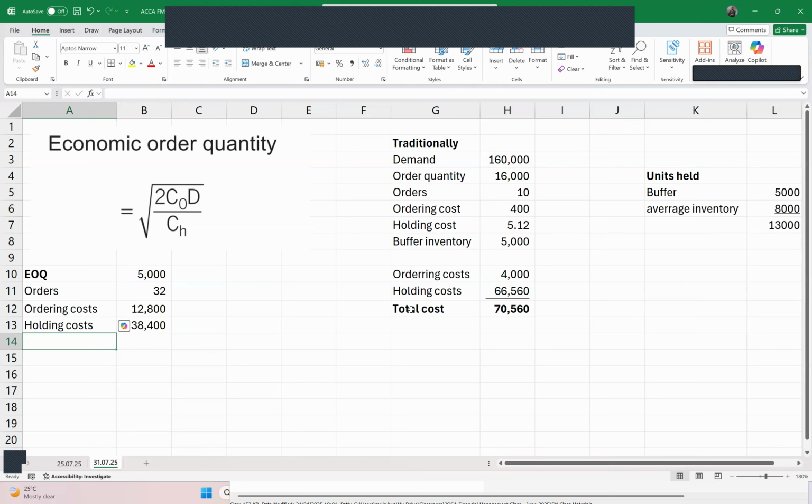So we first got the units that are held, which I showed you before, by saying we have the buffer inventory, which is the 5,000, plus the average inventory, which is the number of units that you order every time divided by 2. Then you multiply it by the holding cost per unit. So here I put it in one cell, and here I broke it down.